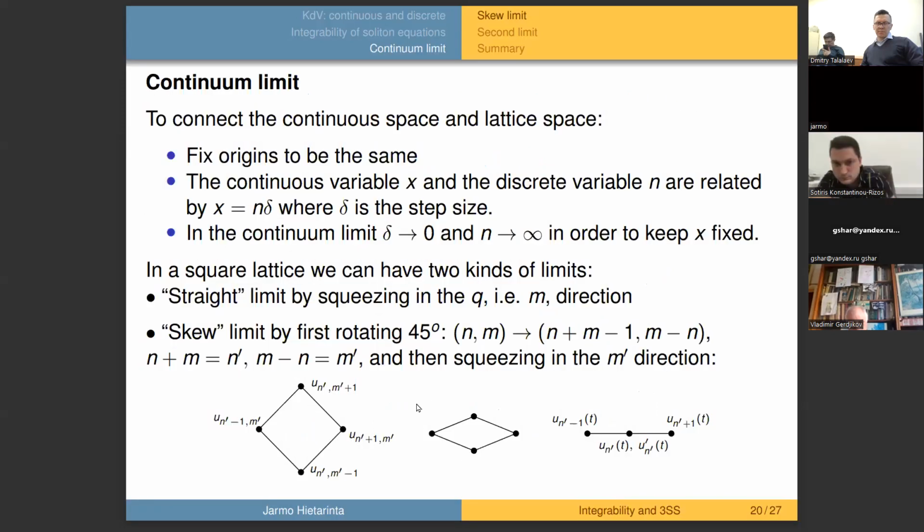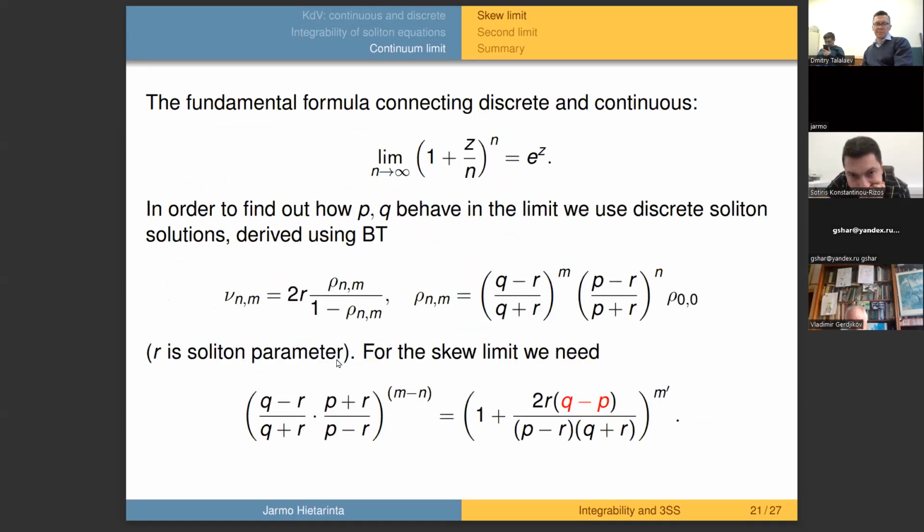So let's see. Here, notice that m minus n is this distance here, the old m and n, and the new m prime. Okay. So we write this in the form where there is an exponent m minus n. So we have to turn this upside down.